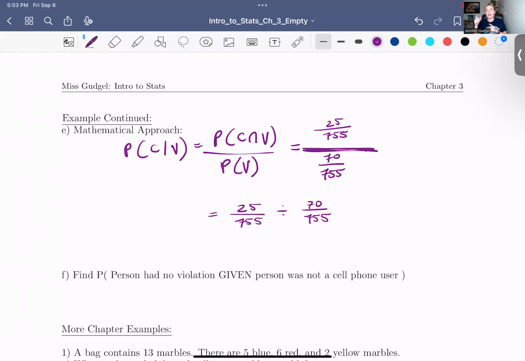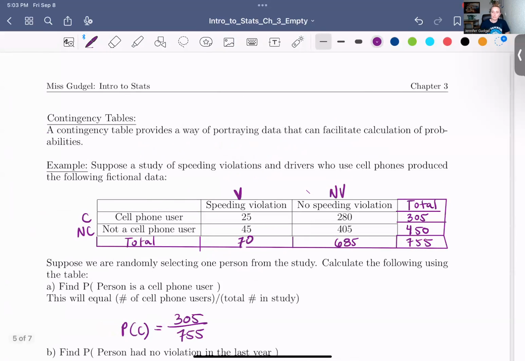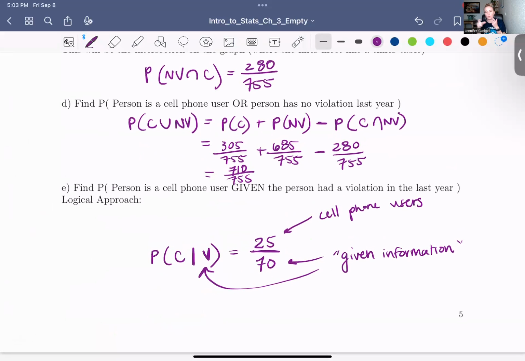You can instead multiply by the reciprocal, meaning this is the same thing as 25 over 755 times 755 over 70. You'll see that those 755s cancel out, and this is the same thing as 25 over 70, which is exactly what we had when we went through that logical approach to get to that same place.